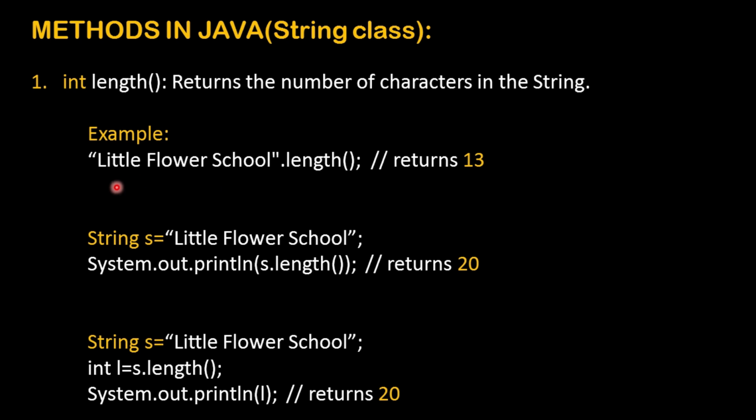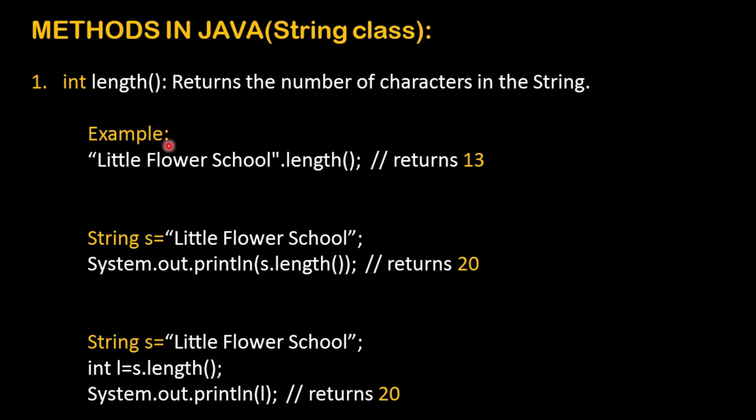System.out.println("little flower school".length()). Now look here, what is happening? I told you in the beginning, this length function will count the number of characters present in the string. In our discussion, it is also very clear that all the spaces and periods, whatever you kept, will also be considered as characters.